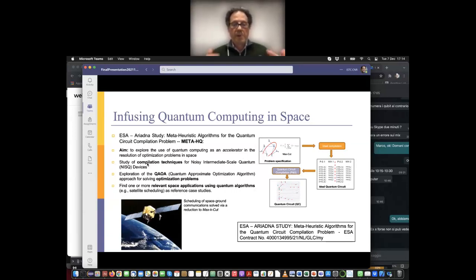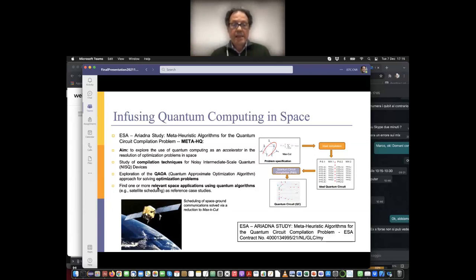We studied the problem of the compilation of quantum circuits for noisy intermediate-scale quantum devices, which are the devices that need swaps. For these devices, we used a particular method to implement optimization algorithms, the so-called quantum approximate optimization algorithm, which is our template, our way to implement, for example, max-cut or graph coloring problems, and so on.